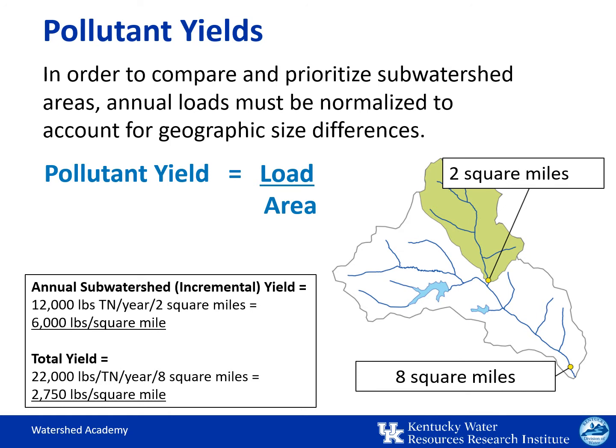If the subwatershed contributes 6,000 pounds of total nitrogen per square mile, whereas the overall watershed contribution is only 2,750 pounds, it appears that the subwatershed is contributing a higher yield than the overall watershed, and it may be a good area to address first. It's also a headwater subwatershed, so improvements may translate to downstream water quality improvements.